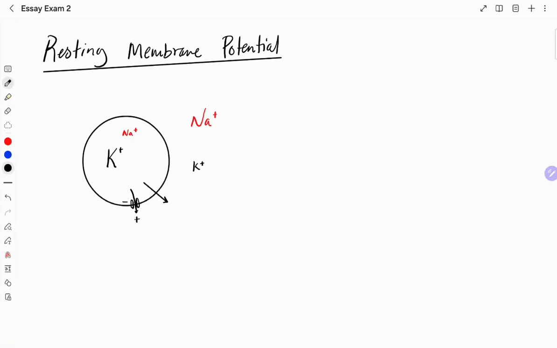And because opposites attract, this positive is going to line up along the membrane here, and it's going to be pulled toward this negative, and the negative towards the positive. And this will continue to happen where we have these charges that line up along the membrane of the cell.